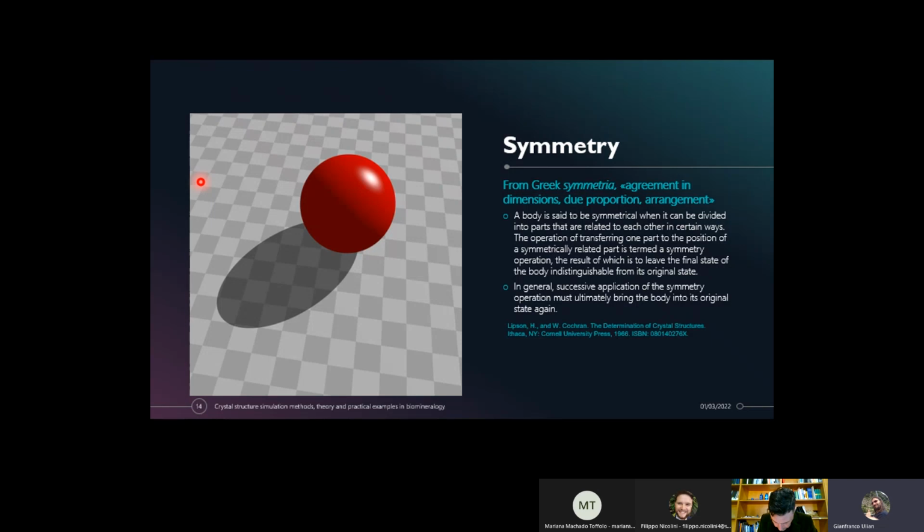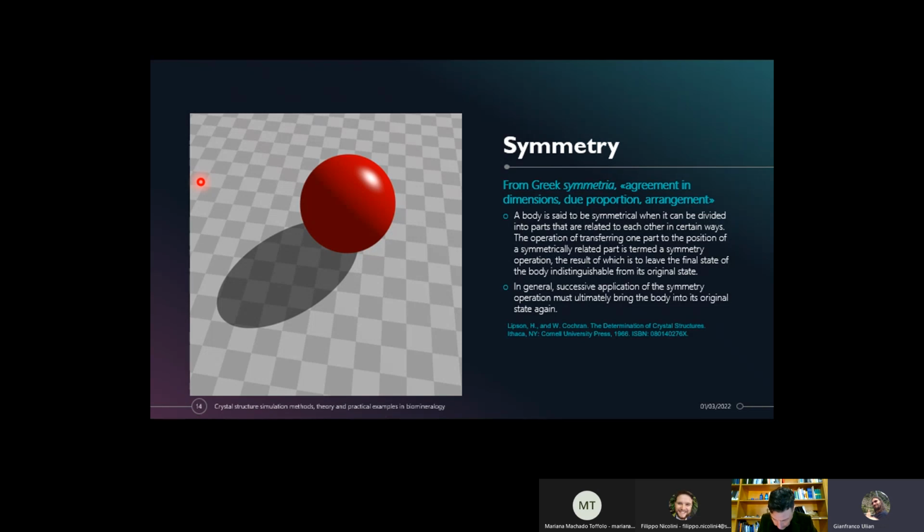If you close your eyes, I rotate it and you reopen them, you can see the object is almost identical to the starting point. So in general, successive application of a symmetry operation must ultimately bring the body, the object, into its original state again.